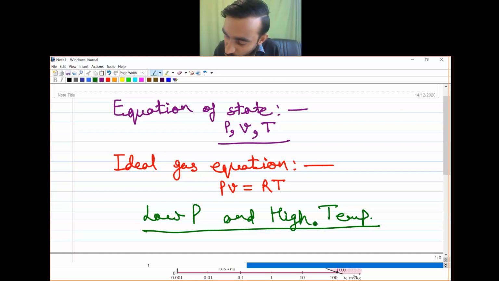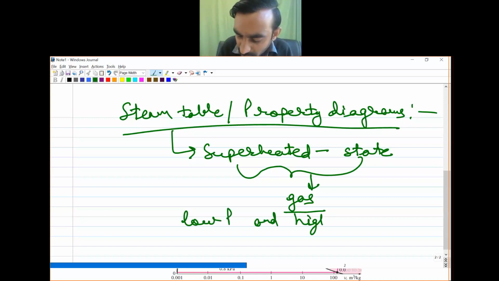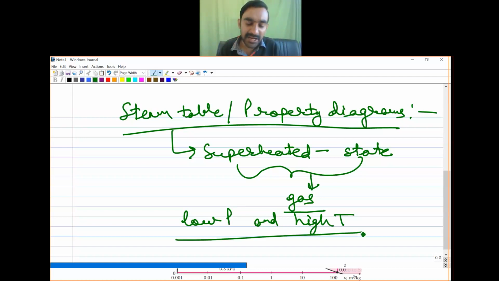Now if I go to the steam tables, in the superheated state our substance already behaves like a gas, and the superheated portion of our steam table, where we have low pressure and high temperature, can be explained with the help of the ideal gas equation.